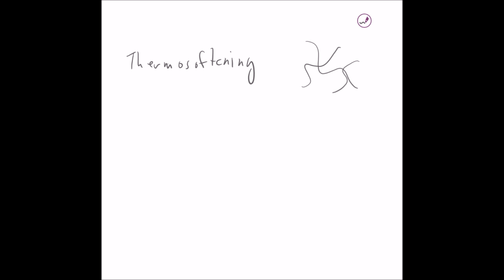The 2 examples you need to memorize are polyethylene and polypropylene. They're the 2 examples of thermosoftening polymers. The other type of polymer is a thermosetting polymer.